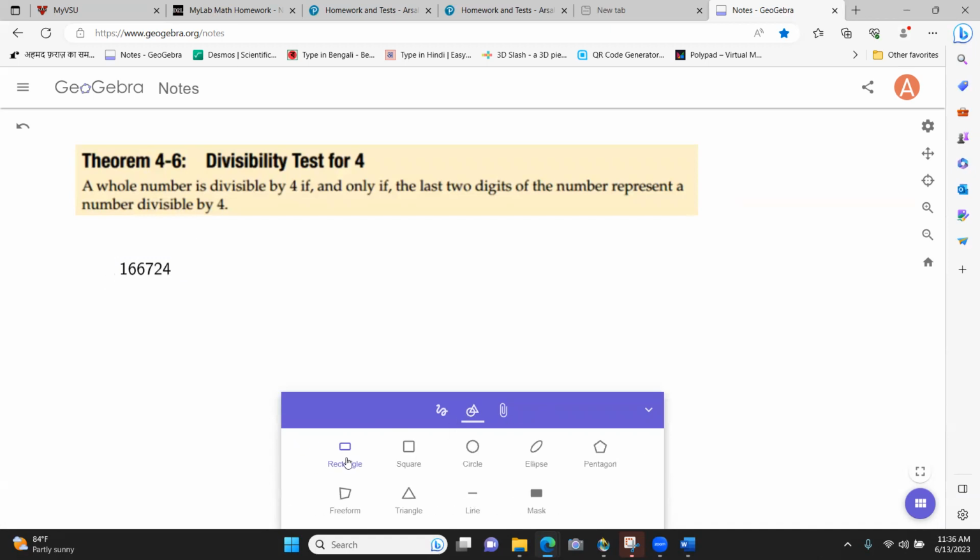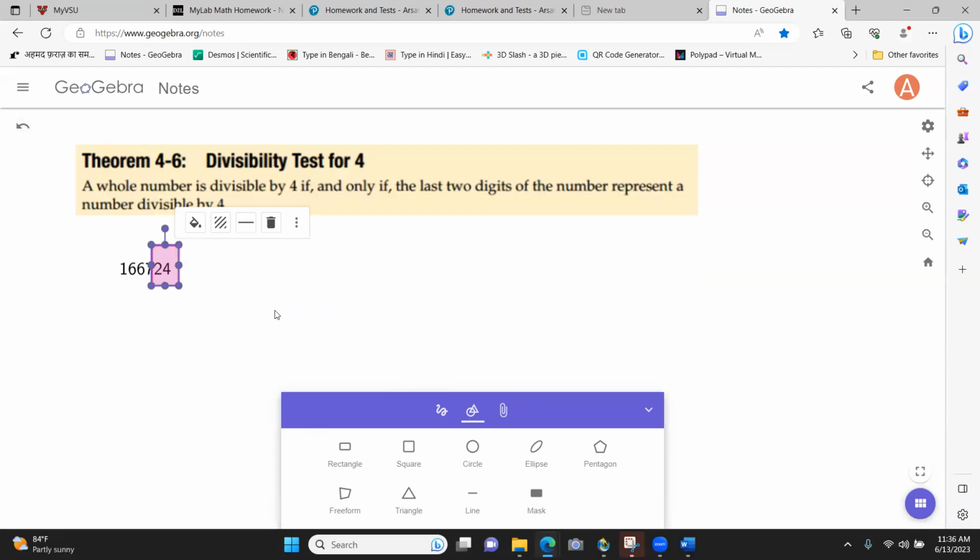I am only concerned about the last two digits, which is, if you separate the last two digits, what number do you get? Well, you probably get 24, isn't it, guys? Is 24 divisible by 4? The answer is yes. 24 divided by 4 is 6. 6 is a whole number. Yes, it's divisible by 4. So is the whole number.